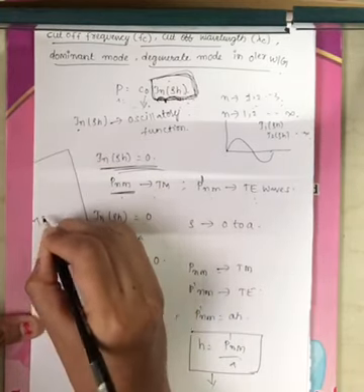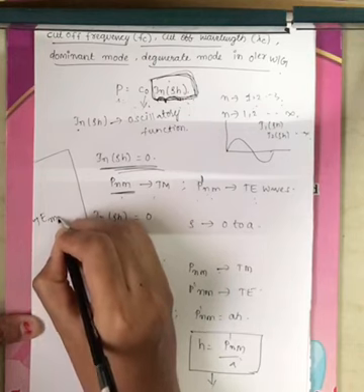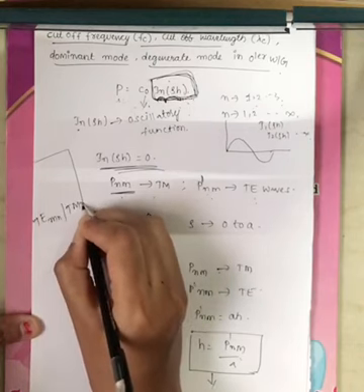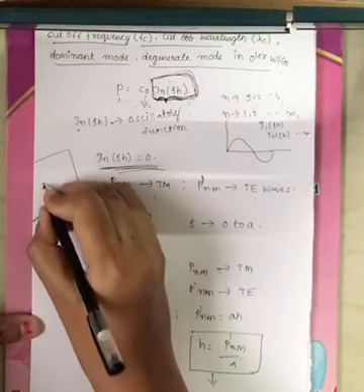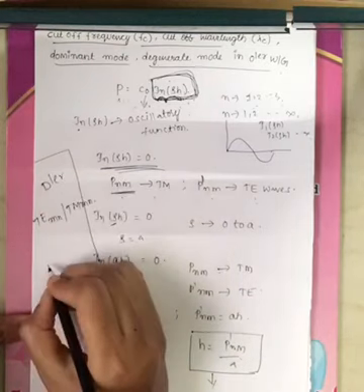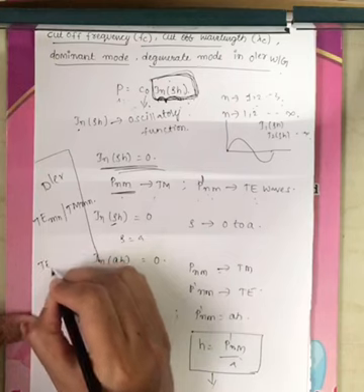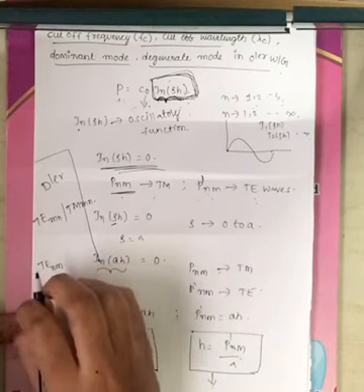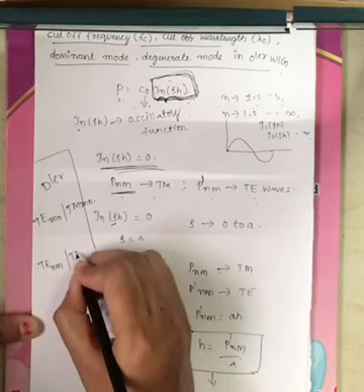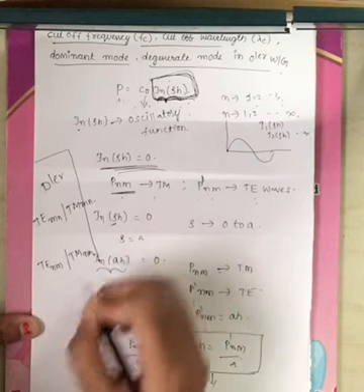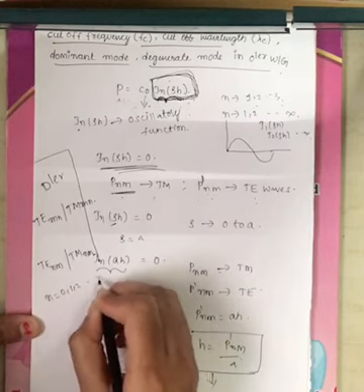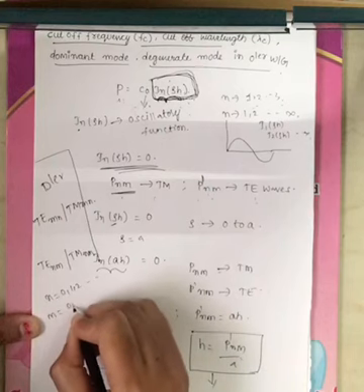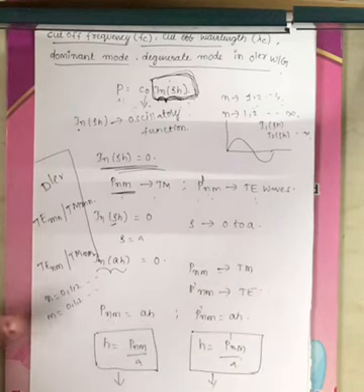Now, generally in a rectangular waveguide, modes are represented by TEmn or TMmn. Whereas in a circular waveguide, TE mode of propagation is represented by TEnm and TM mode of propagation is represented by TMnm. Now n is varying from 0, 1, 2, 3 and so on, and similarly m is varying from 1, 2, 3 and so on, right?